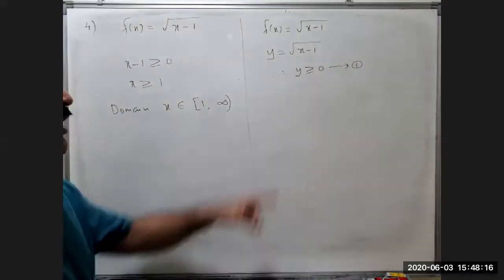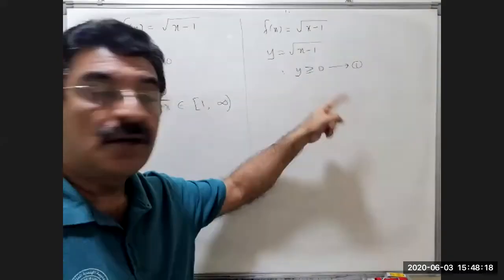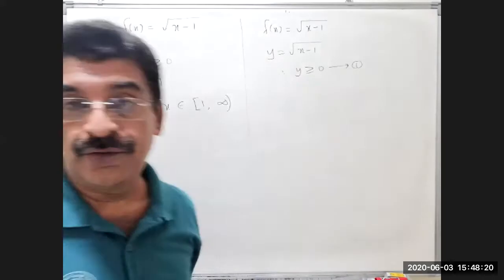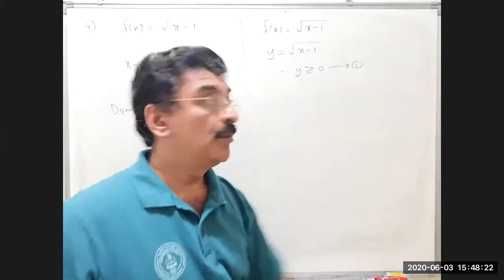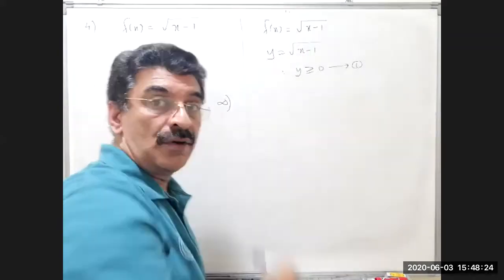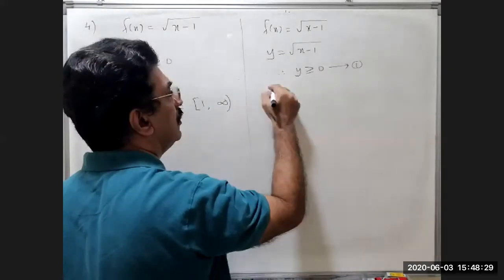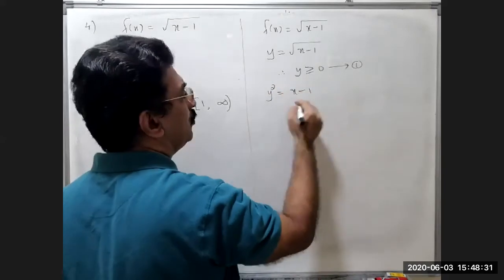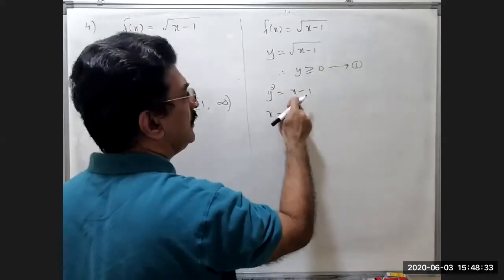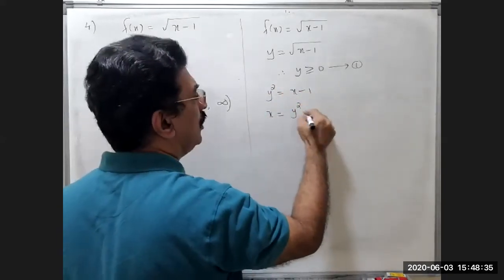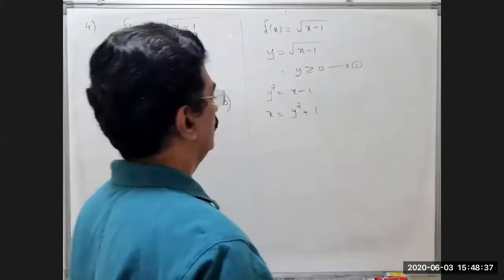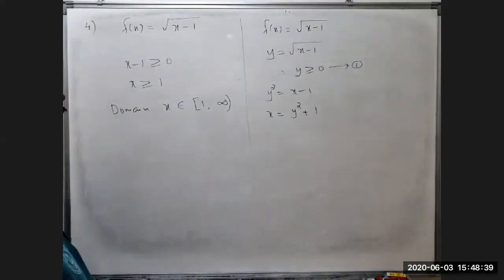So from seeing this, we can make out y is greater than or equal to 0. Still, it is not complete. Now we write x in terms of y. Here, y squared is equal to x minus 1, so x is equal to y squared plus 1.